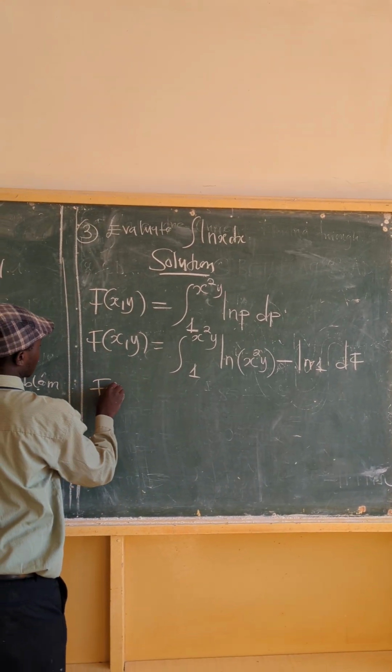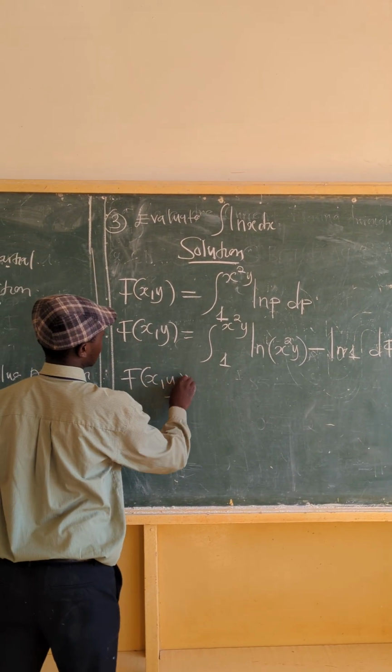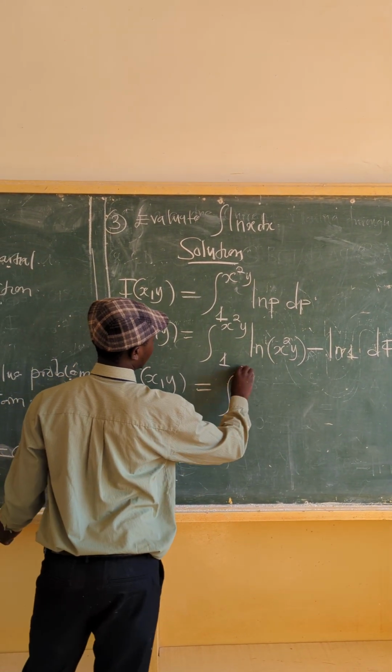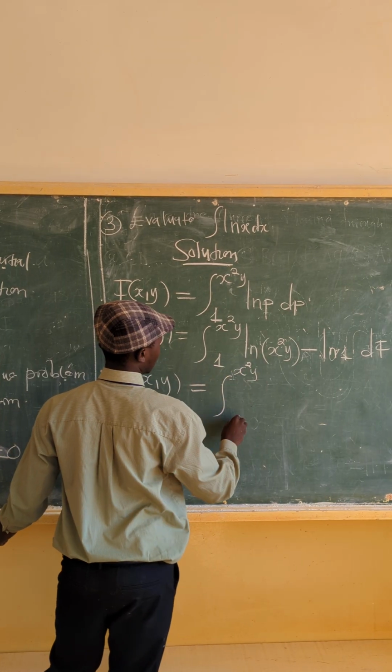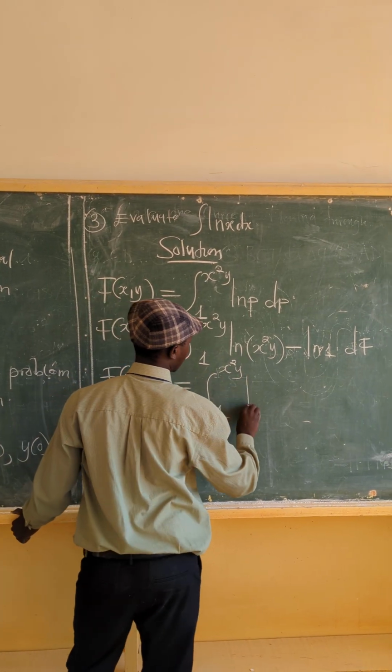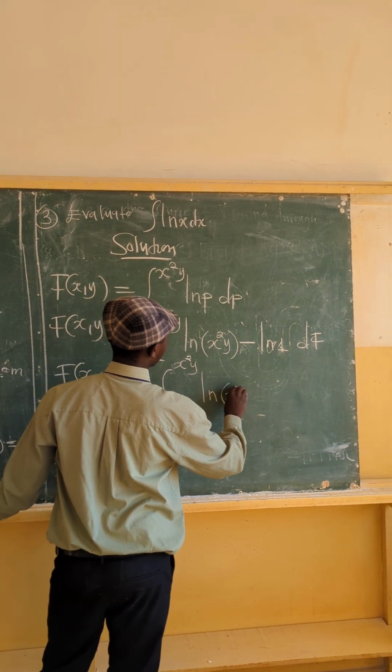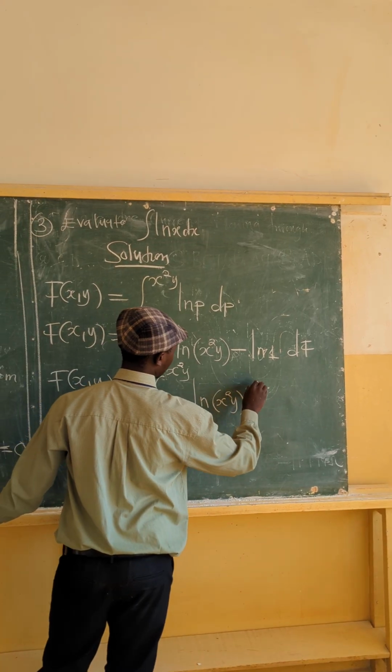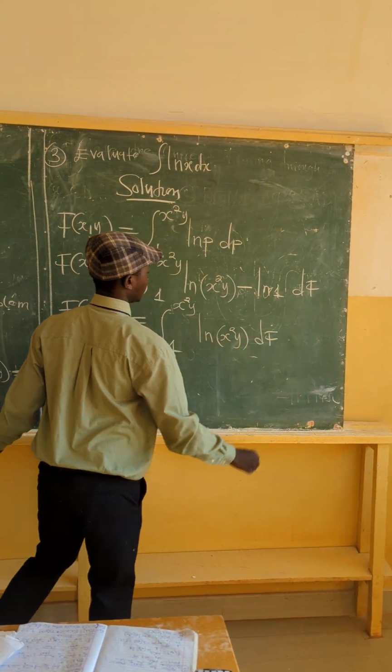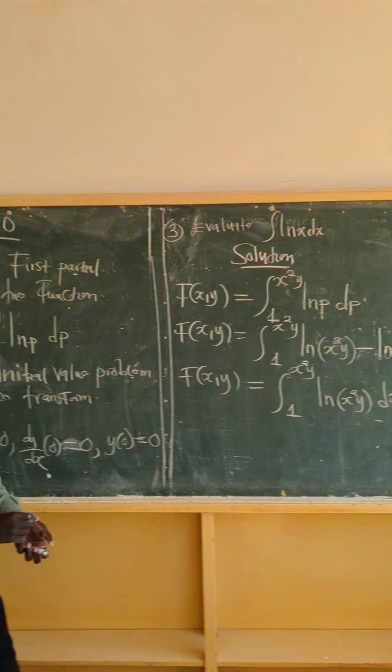What it means is that we just deal with this: f equals the integral of x squared y to 1 of ln p dp.